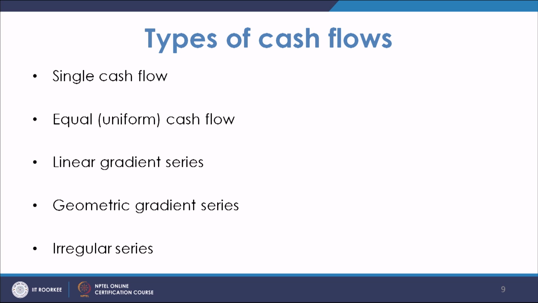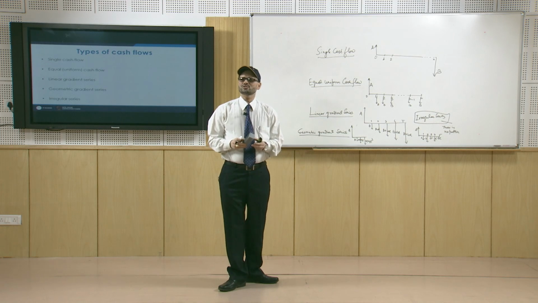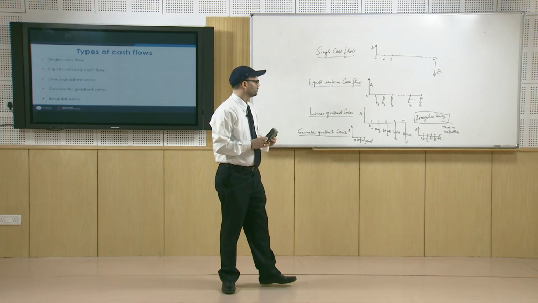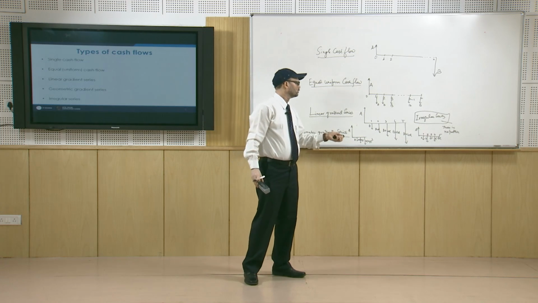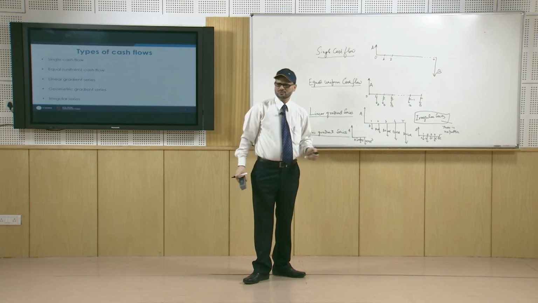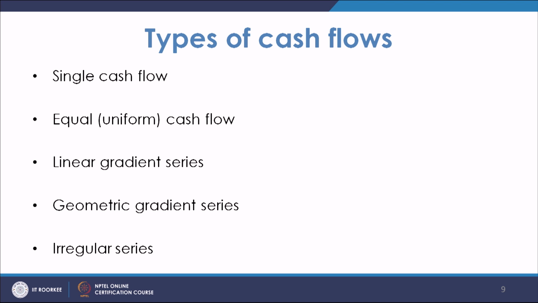Such cash flow diagrams represent a type of irregular series where no rules are applied. You will have to find the equivalent value by using suitable methods. So, these are the different types of cash flows. Thank you.